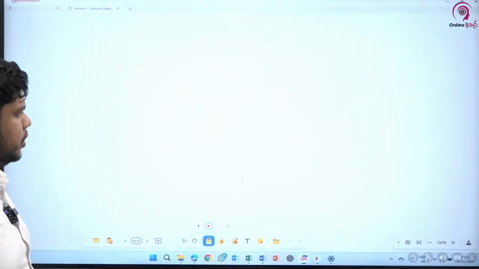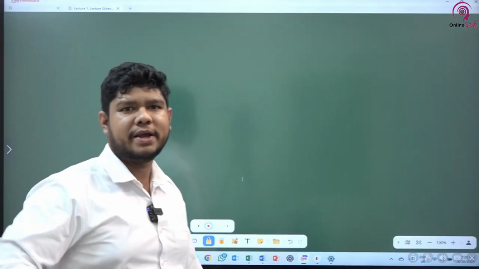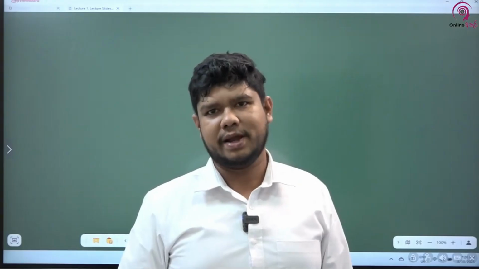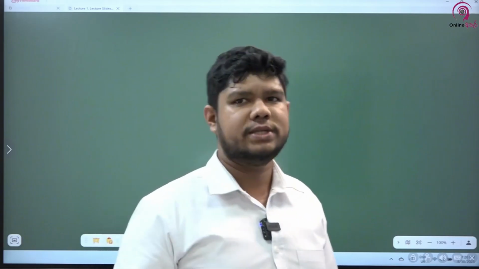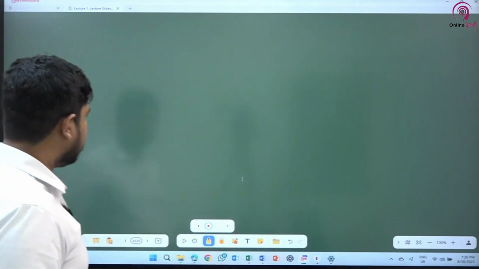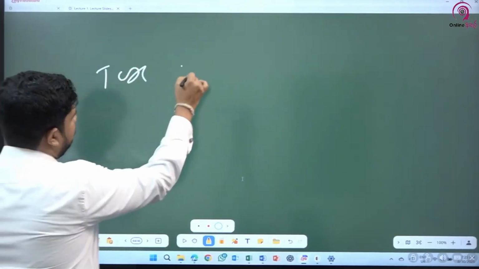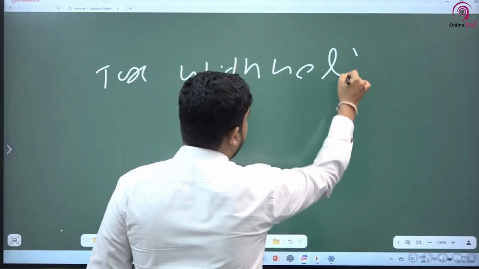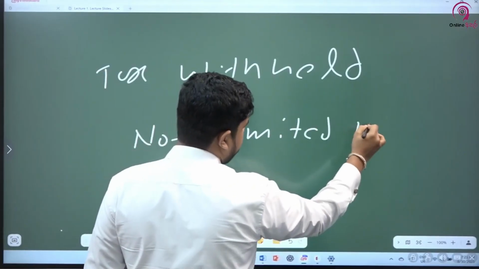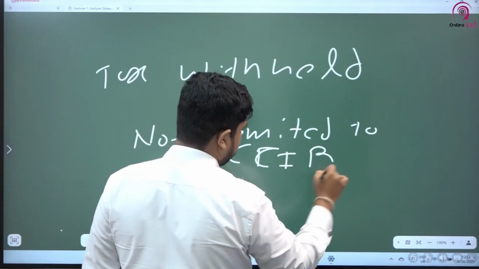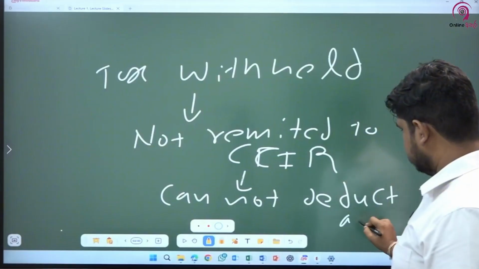But what the Act says actually, the Act does not say like that. That's why I said in my introduction session that this tax knowledge is hidden. Chartered accountants always have to go to a tax consultant to get advice on this, because this knowledge is not shared among everyone. So what is required under law? Tax withheld, not remitted to CGIR, cannot be deducted as expense.